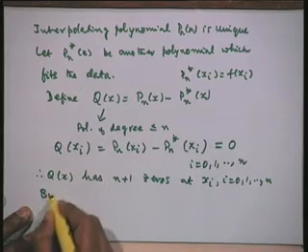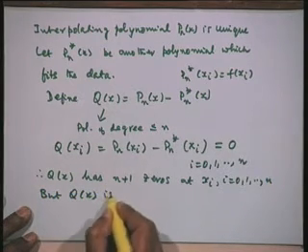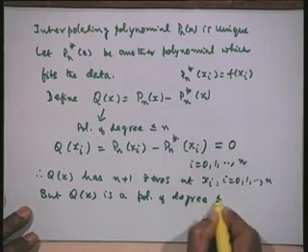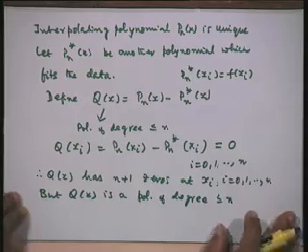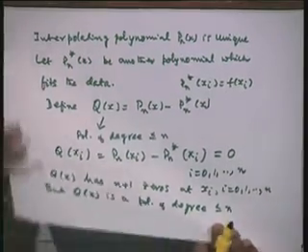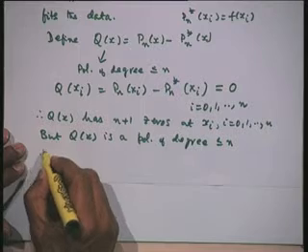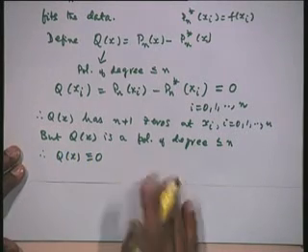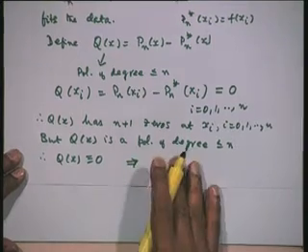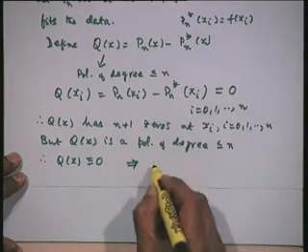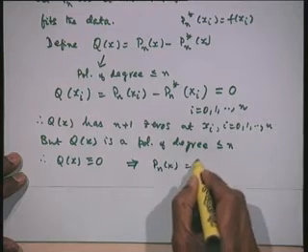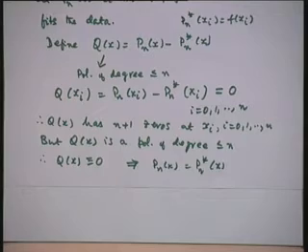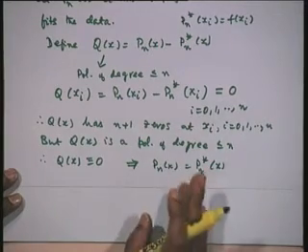Once q x is identically 0, we get p n x is equal to p n star of x. Therefore, the interpolating polynomial is unique.